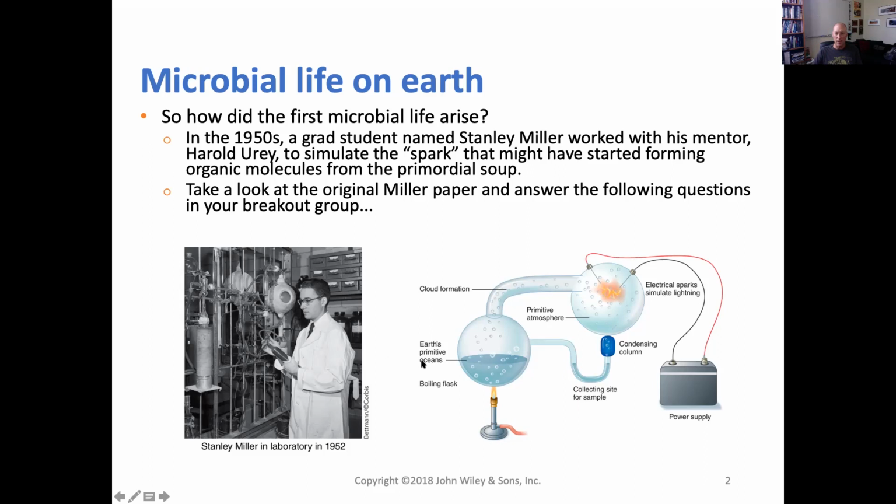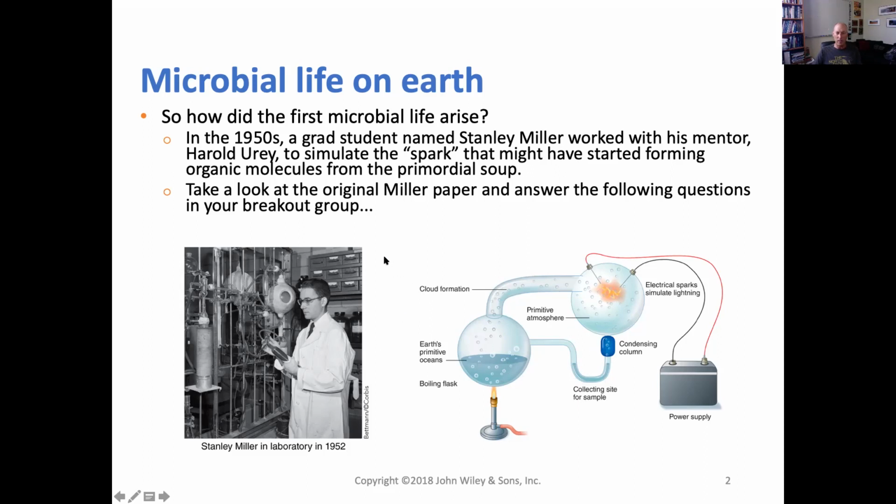Essentially, you have the water here equilibrating with the atmosphere, getting heated up, running through here, being zapped with electricity, things condensing out of the gas phase, being put back into the water, et cetera, right?